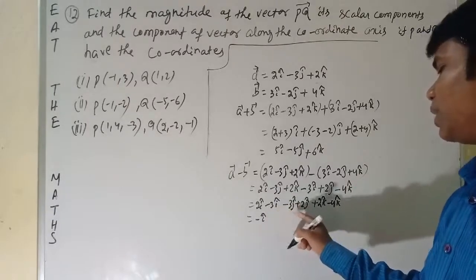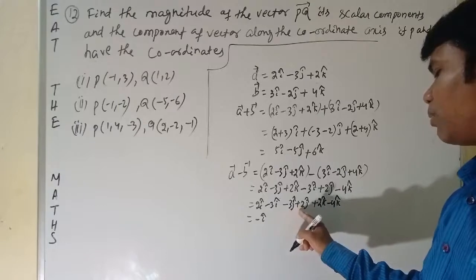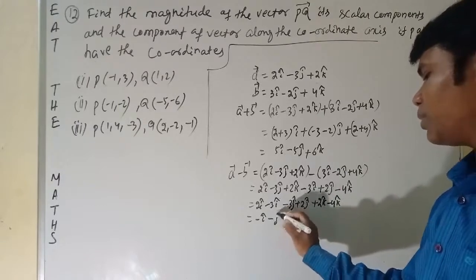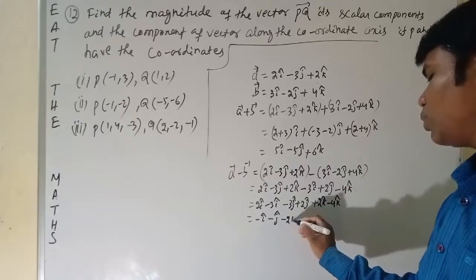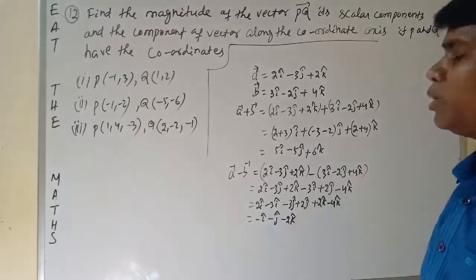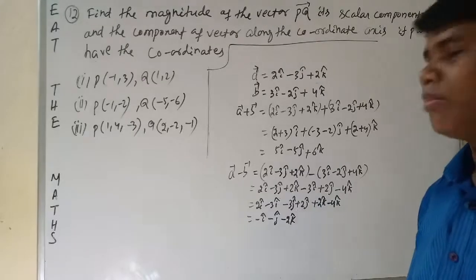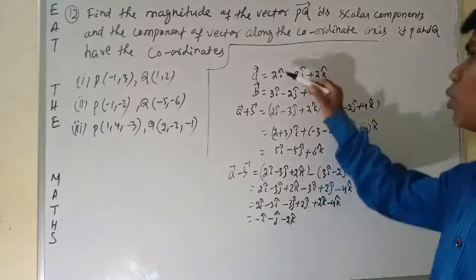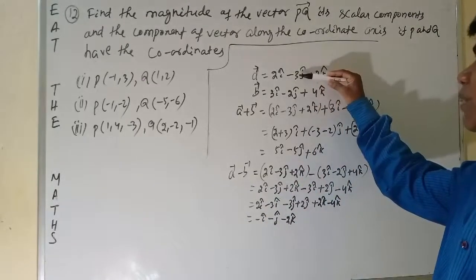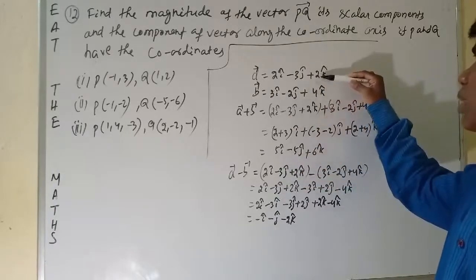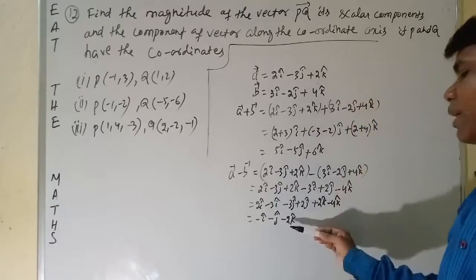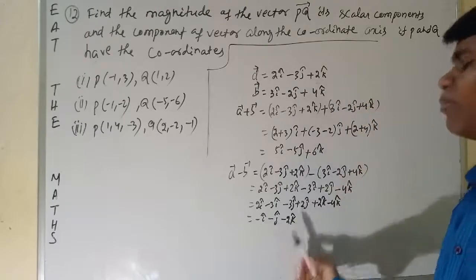Minus 3 plus 2 is minus 1 j cap. Here plus 2 minus 4 is minus 2 k cap. So a minus b is minus i cap minus j cap minus 2 k cap.